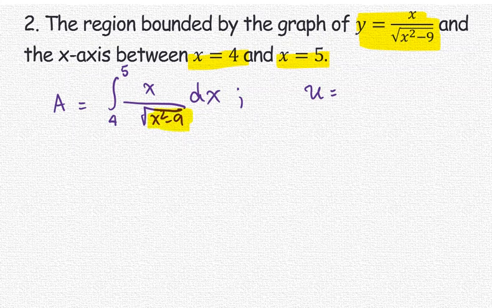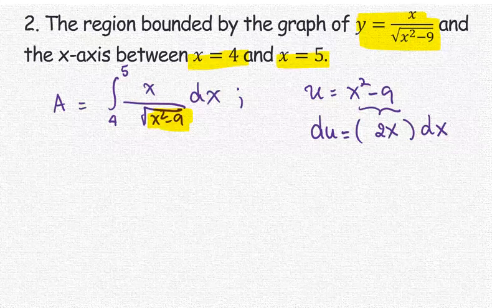The x squared minus 9 as the inner part of that complicated form. So the u is x squared minus 9 followed by differential u, which is the derivative multiplied by dx. Derivative of x squared minus 9 is 2x.